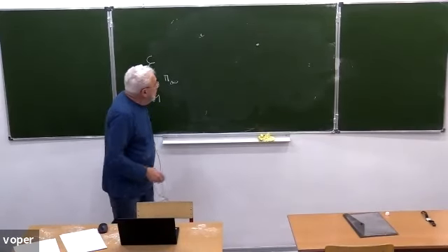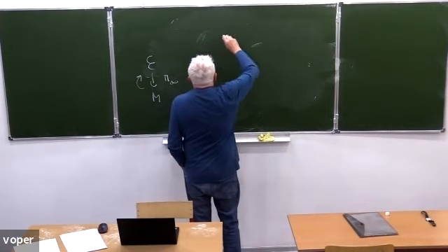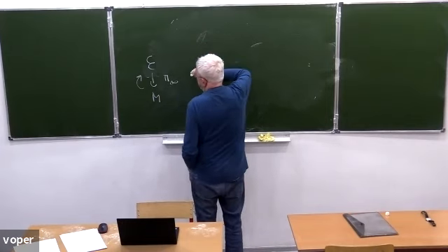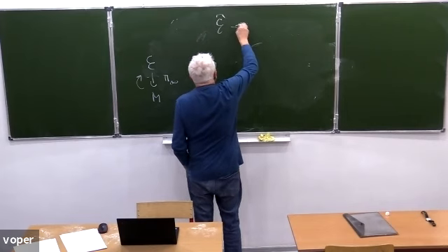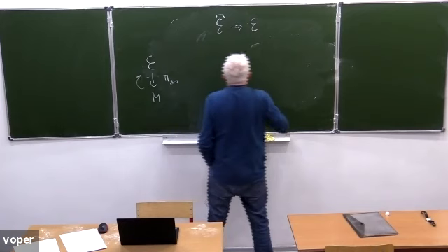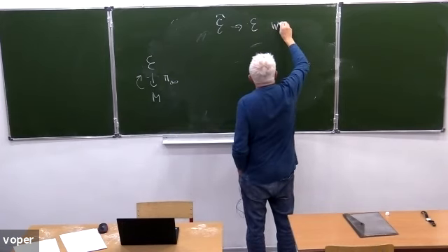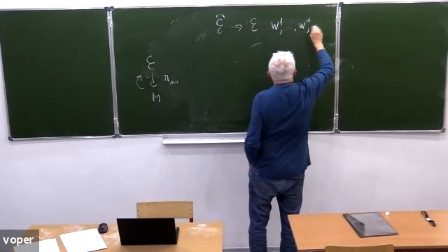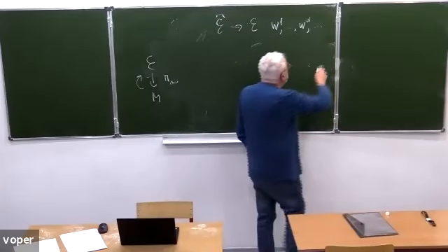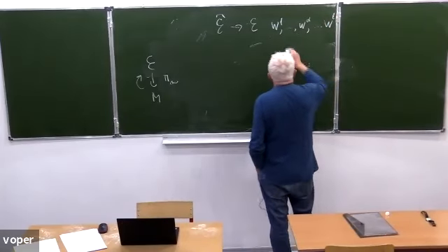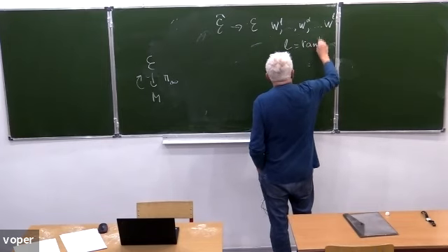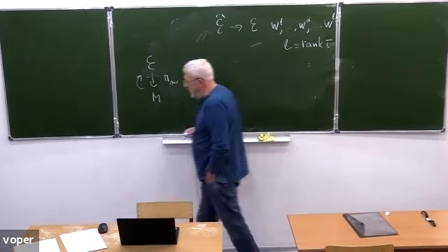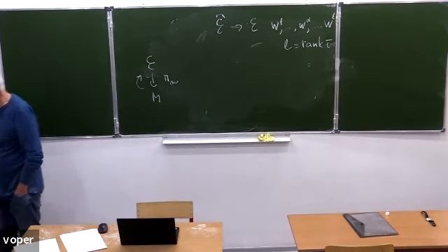Consider local coordinates, a trivialization of our bundle with fiber-wise coordinates W. Well, if the number of these coordinates is finite, then this L is called the dimension of our covering.